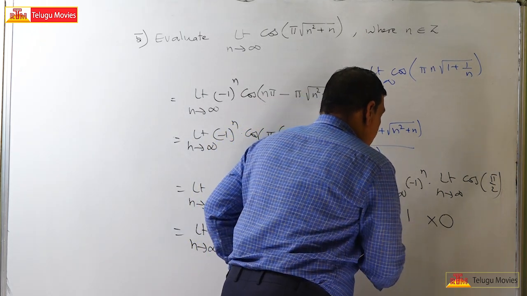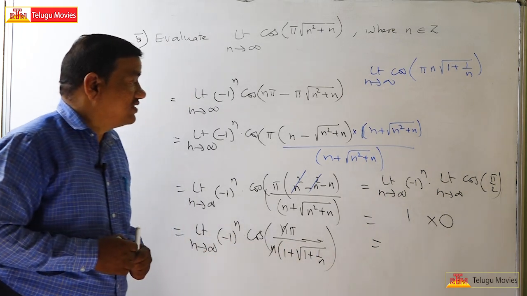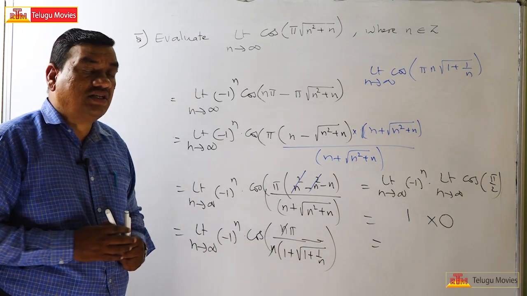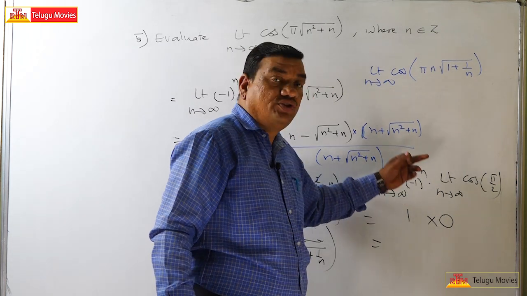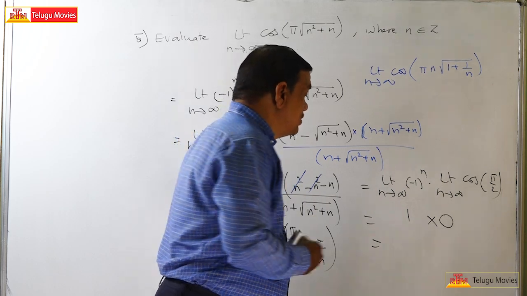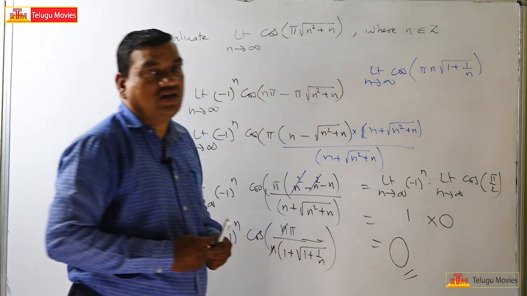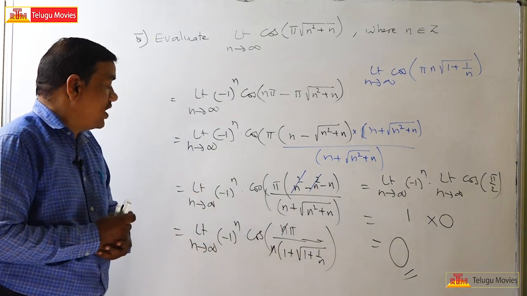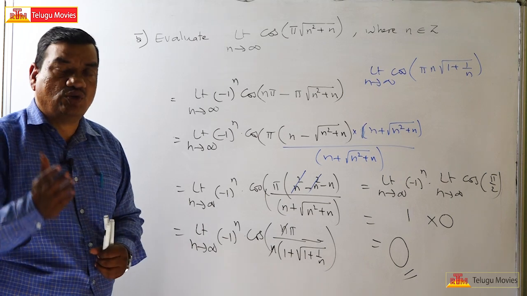So you can take it as 1. Limit n tends to infinity minus 1 whole power 1. So as n value goes on increasing, put 1, 2, 3, 4, so on it approaches 1. So on the whole you will get 0. So 0 is the correct answer. I hope that you understand this solution. So let us move to next problem.